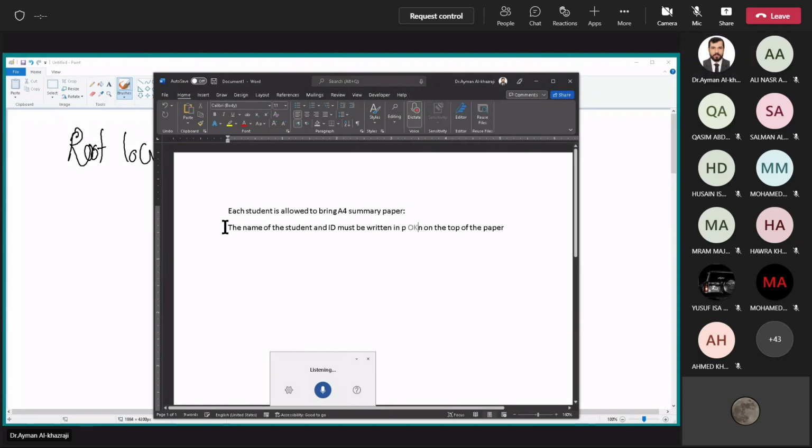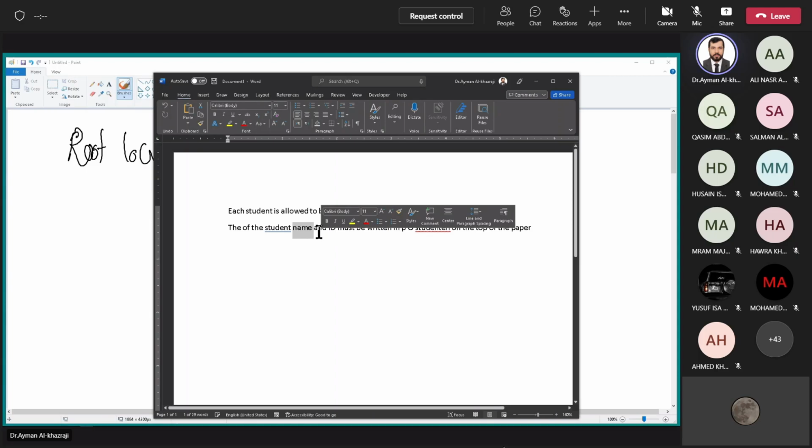Name and ID must be on the top of the paper.